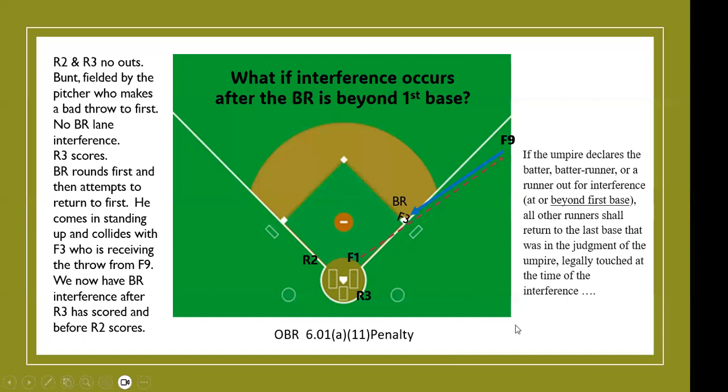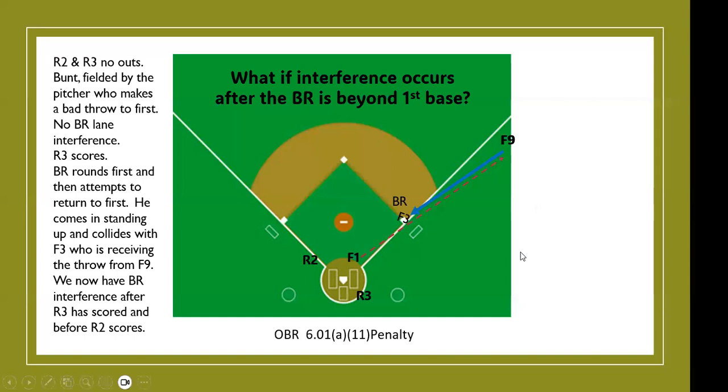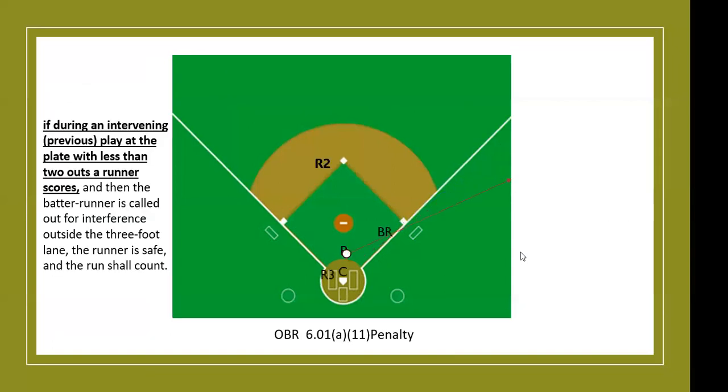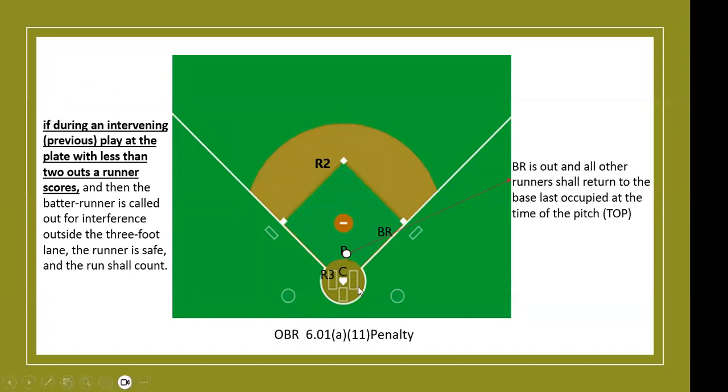Yeah, intervening plays. I'm going to talk as briefly as I can on this because they are tricky. I'm going to try to condense it down as much as possible. So, can you go back a slide, Brad? You bet. So we have an intervening play where we have an attempt to retire R3. R3 is ruled safe, and then we make a play on the batter runner who's called out for runner's line interference.